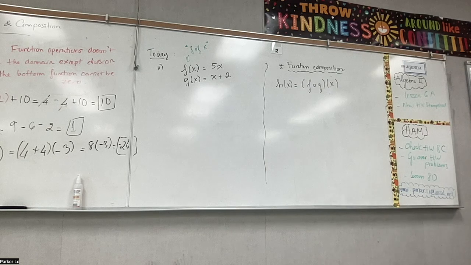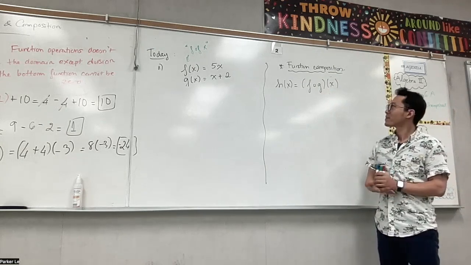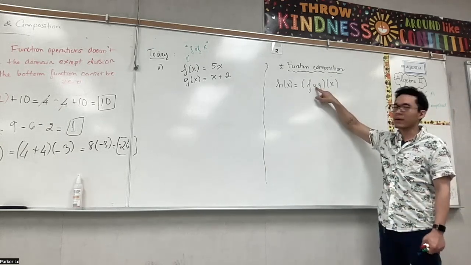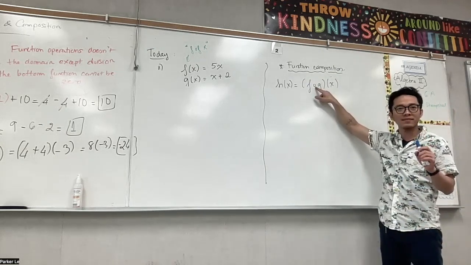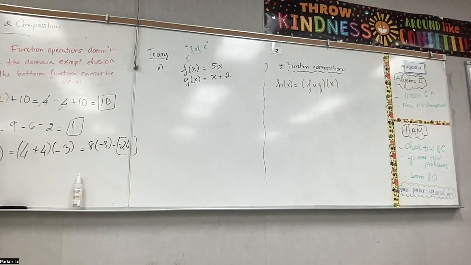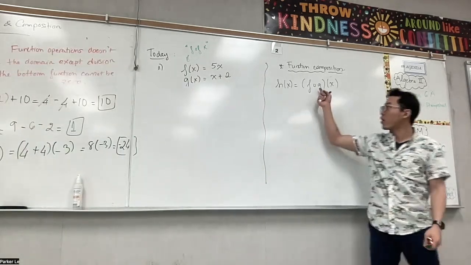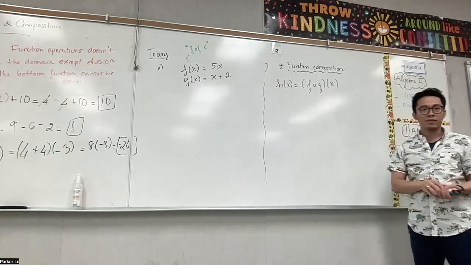You're like, what is that? So we have F, and then you have a little small O between them. That is different from multiplication. For multiplication, you don't have anything between them, or you have just a dot between them. That means you multiply them. But when you see a little O like this, that is composition.